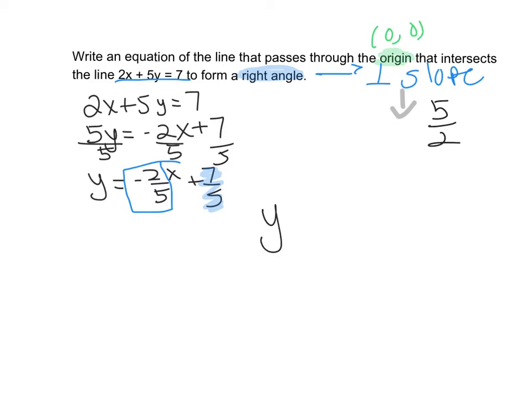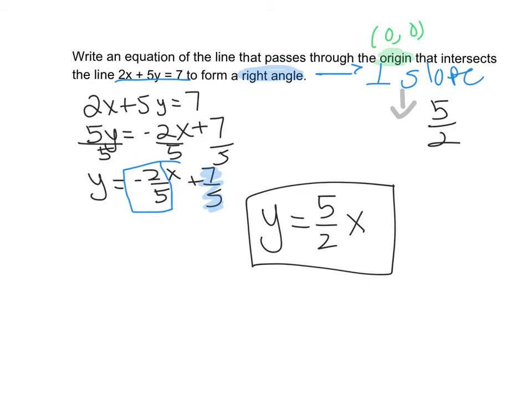So my equation is going to be y equals 5 halves x plus 0. I wrote plus b, but I'm not going to write the plus 0 because it doesn't matter. So my final answer is y equals 5 halves x.